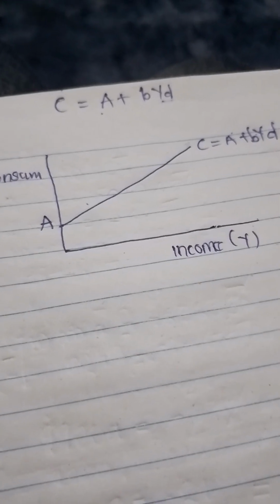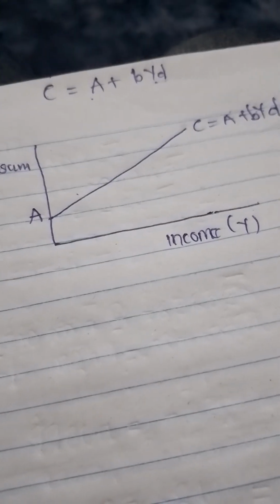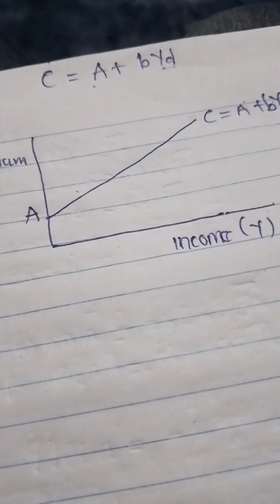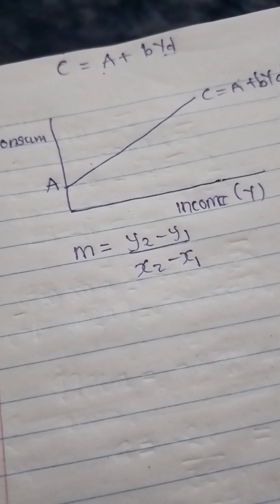So the MPC, we know, is the fraction of extra income that is consumed. If we have a graph like this, remember how we used to calculate the gradient in grade 12? We'd always say M is equal to Y2 minus Y1 over X2 minus X1. That is how you calculate the gradient.